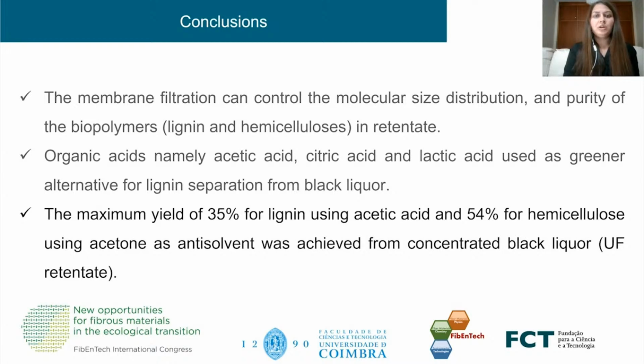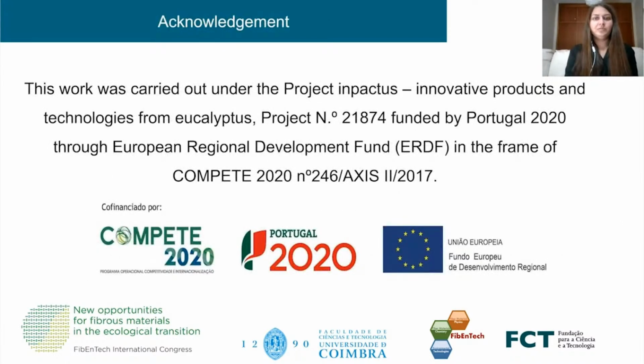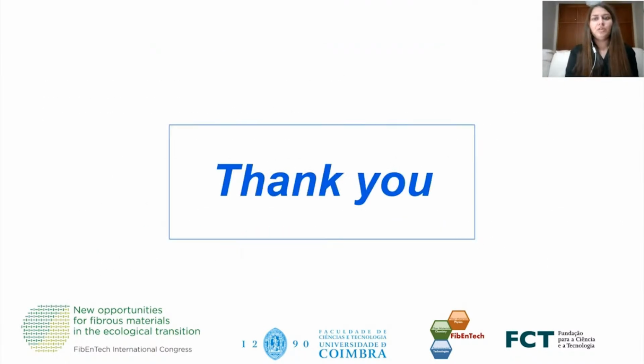By using an organic acid, which was acetic acid, we obtained 35% yield for the lignin, and from the supernatant of this process, we obtained 54% yield of hemicellulose from the concentrated black liquor. Finally, I would like to thank my project for funding my work, and thank you all for listening.